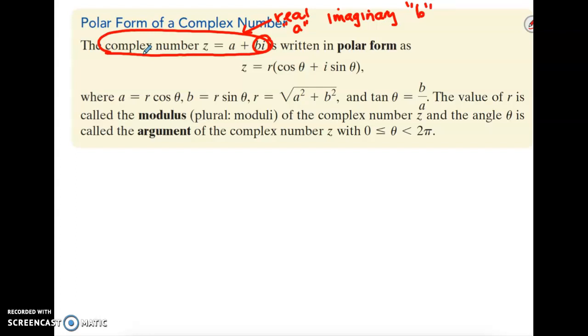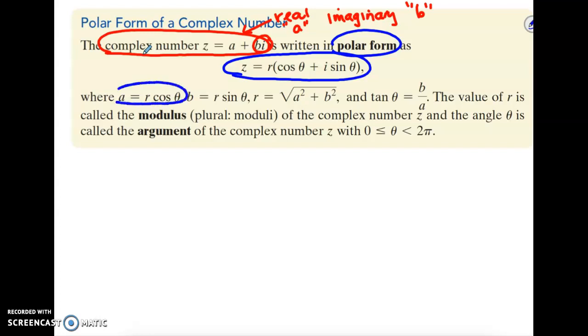To create it in polar form, if we ask you to do a complex number in polar form, you're going to use this equation right here. Z equals R times the quantity cosine of theta plus I sine of theta. And then the A value is R cosine of theta.